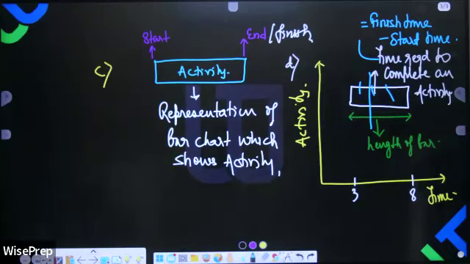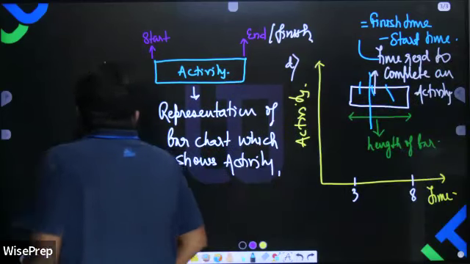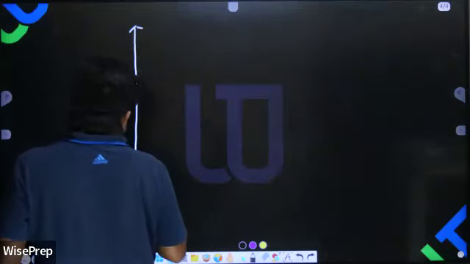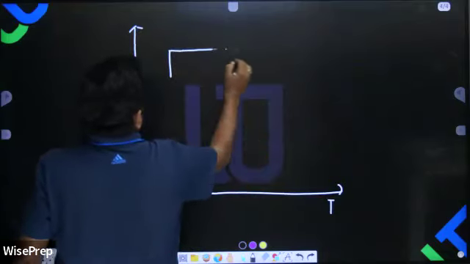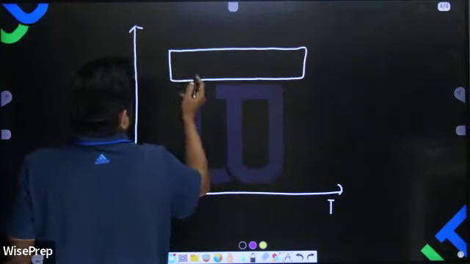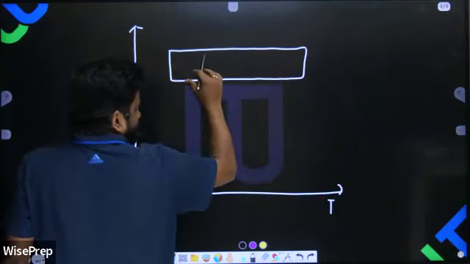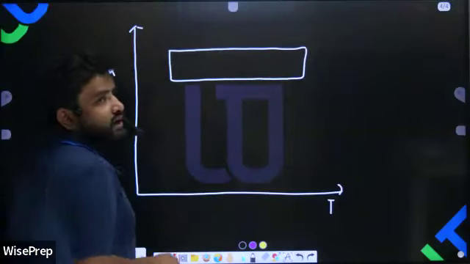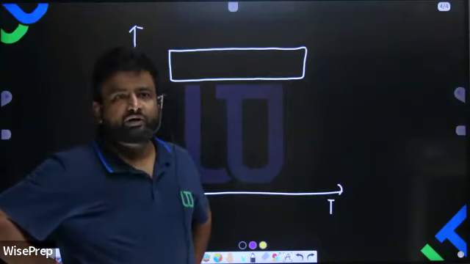Suppose this is an activity. You have to concrete a beam, but its components like reinforcement, shuttering are not shown. So the first is what you have written, lack of degree of details.